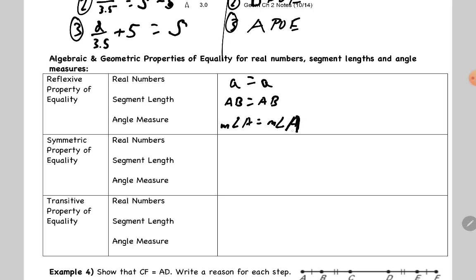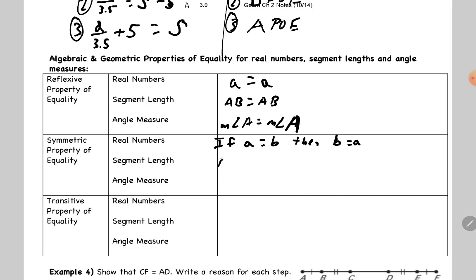And then we have the symmetric property. So when we use that with real numbers, so if A equals B, then we can swap them around. Then B equals A. So that's all the symmetric property is. You just reverse.